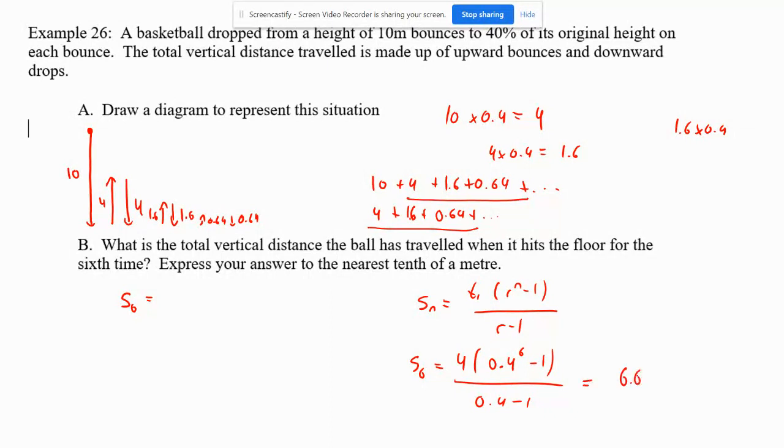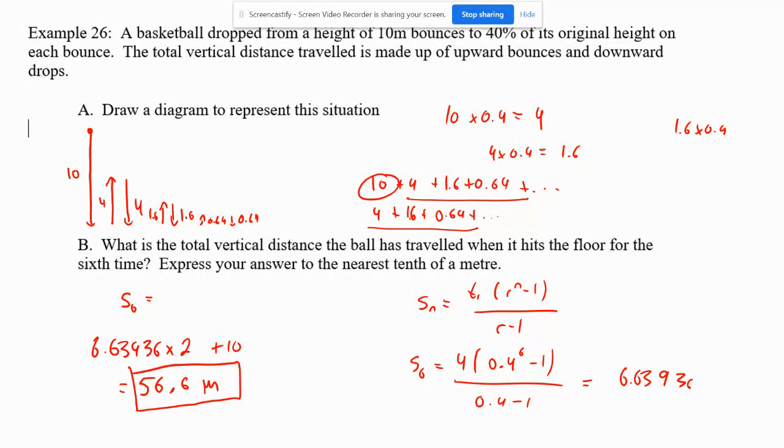So guys, I'm just going to go like 6.63. I'll round in my last step. Okay, so we have 6.63936. We're going to multiply that times 2 because it happened here and here. And then we're going to add 10 for this guy right over here. Times 2 plus 10 equals 56.6 meters. This is going to be a total answer for this guy over here.